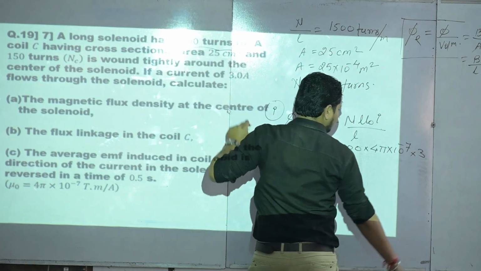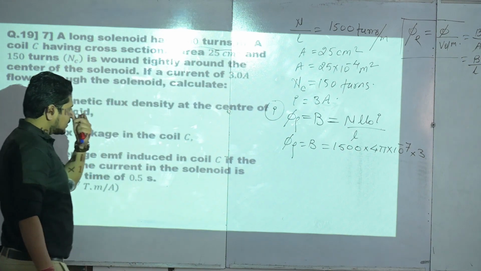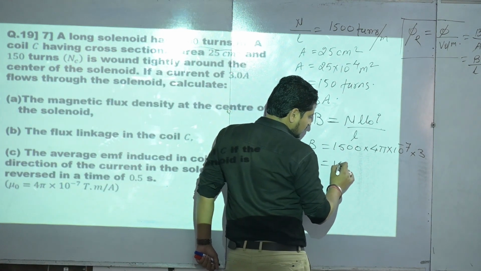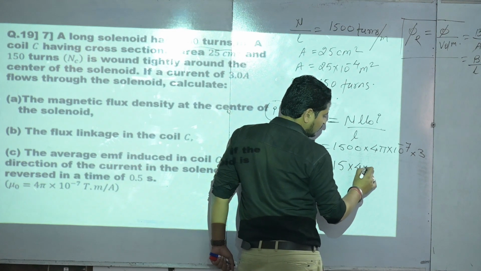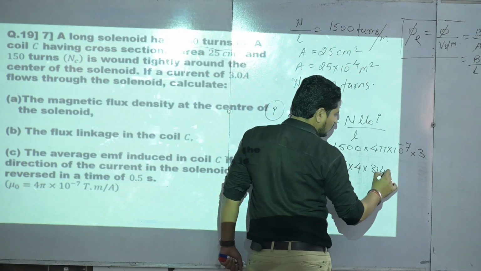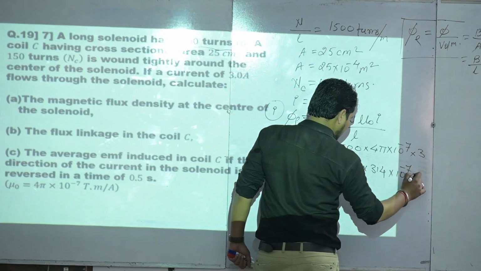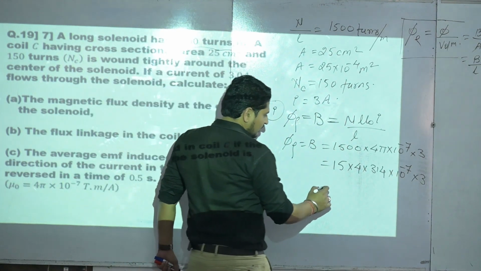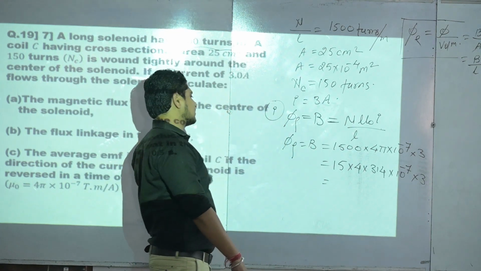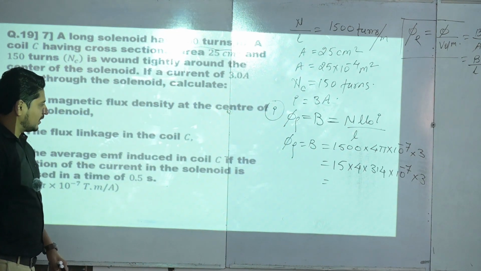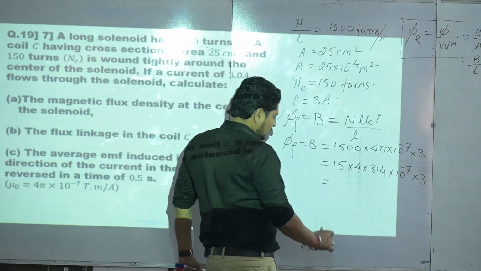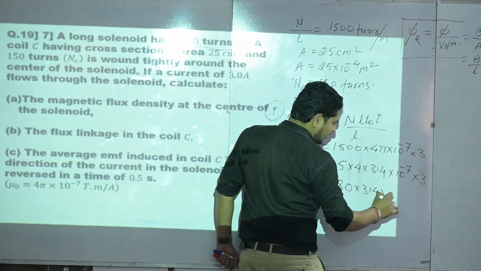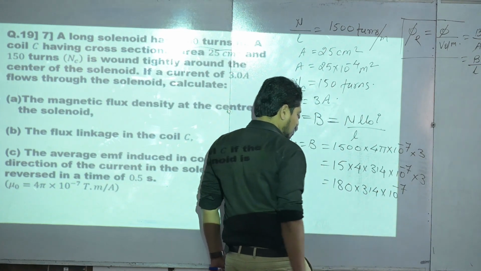So this is 3. Taking the complete calculation, this is 15 multiplied by 4 into 3.14. So it's 314 into 10 to the power minus 7, multiplied by 3, so this is 12, and 15 into 12 is 180. So this is 180 multiplied by 314 into 10 to the power minus 7.